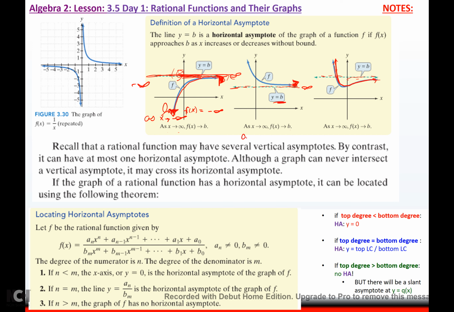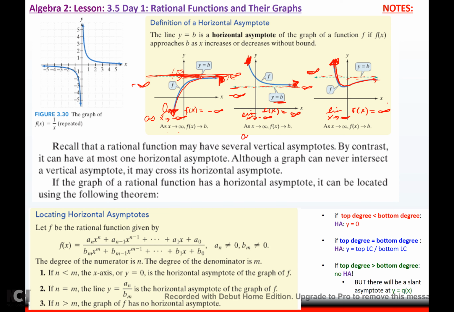This one, as x approaches negative infinity, the arrow closest to negative infinity is this one, and it's pointing up, so I would say the function approaches infinity. And same with this one. The arrow closest to it is pointing up, so we would say as x approaches negative infinity, the function approaches infinity.